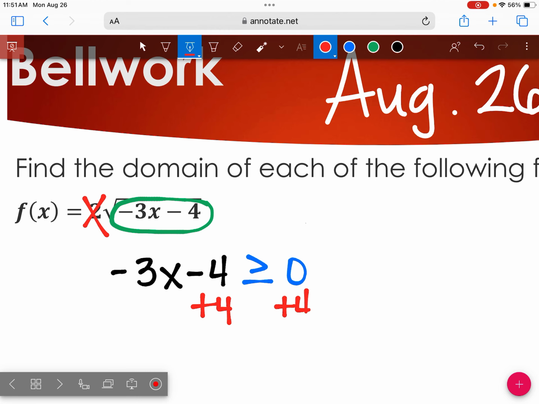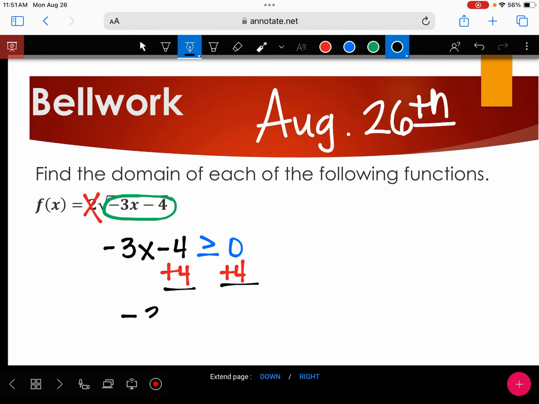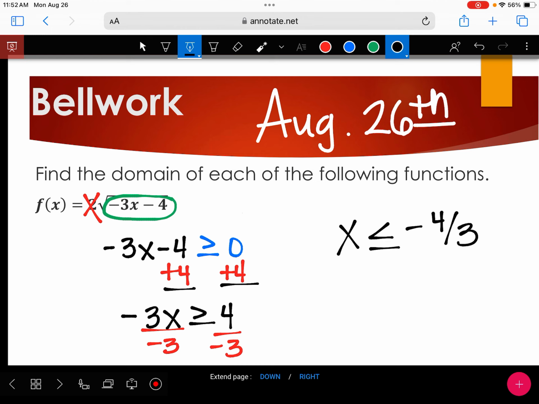So we got to add the 4. And then when we divide by a negative, what do we do with our inequality? So it becomes x is less than or equal to -4/3.